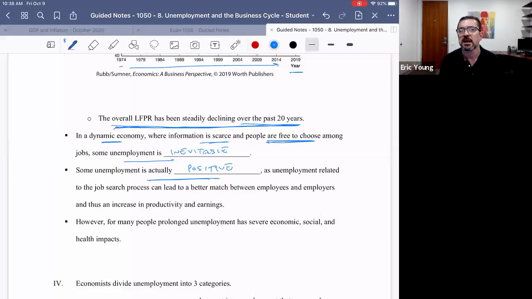Well, there's a good chance that you may need to quit that job that you have to look for something better. But if you think about it, that can be seen as a positive, because you're leaving something that you're not suited for or that underpays you given your experience, and you're moving forward to something better. And in fact, that can be considered positive because, for example, the unemployment that's related to you searching for a new job can lead to a better match between you and your job.